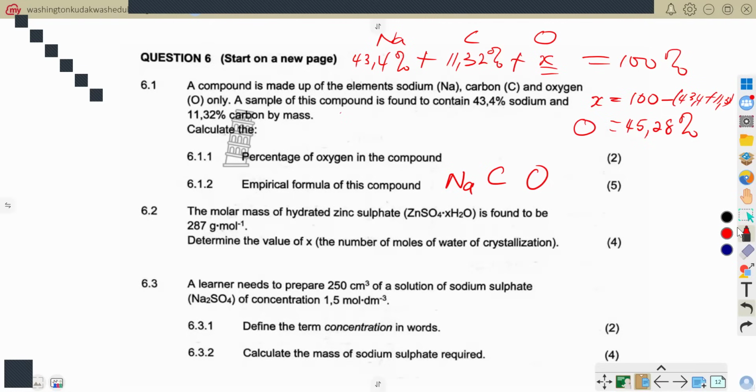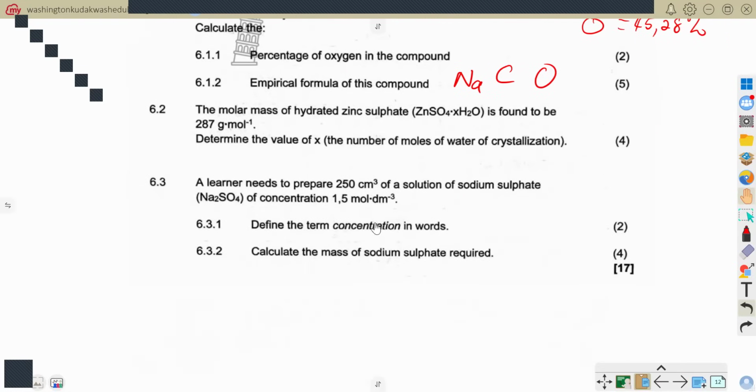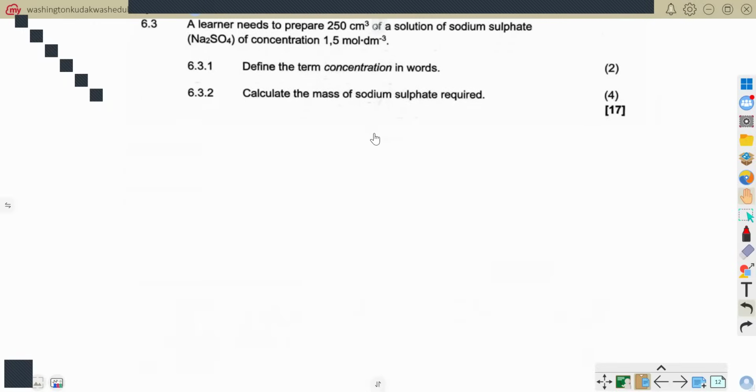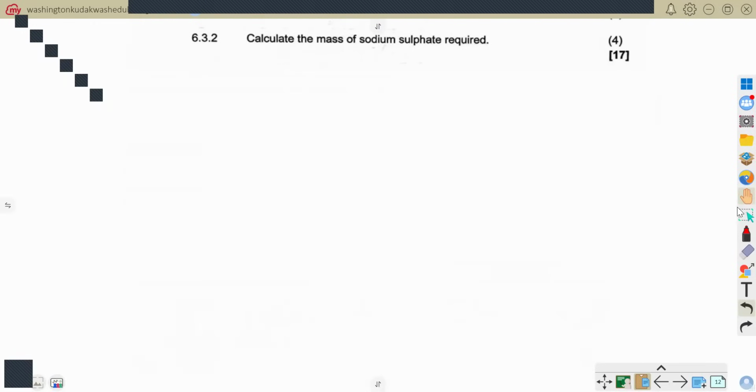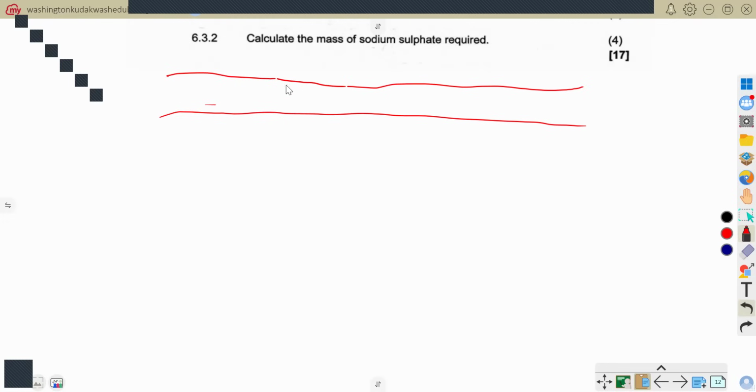I would advise us to use a table for that. We are just going to draw a table with columns for the elements that are found in that compound.